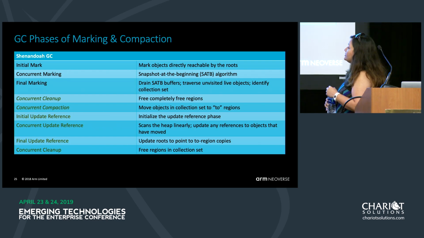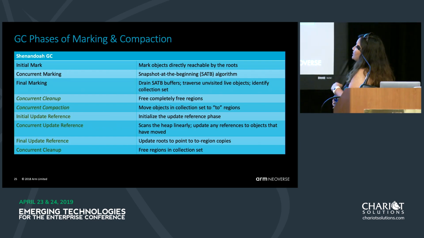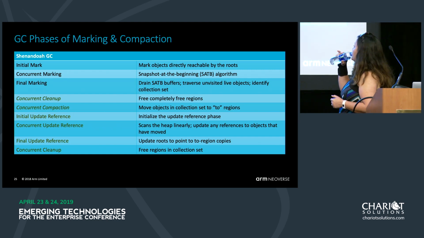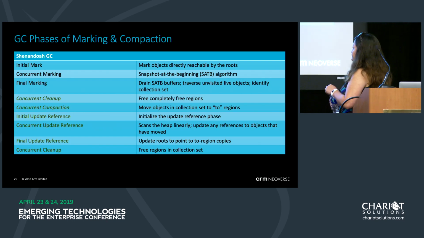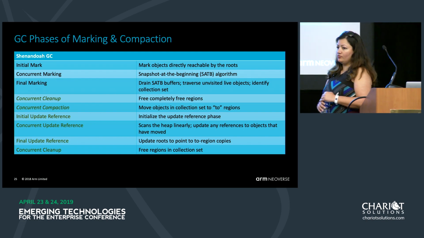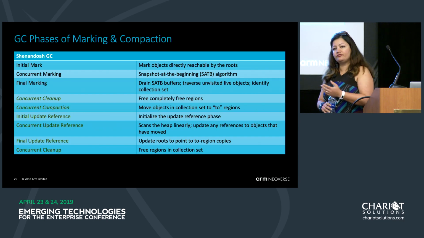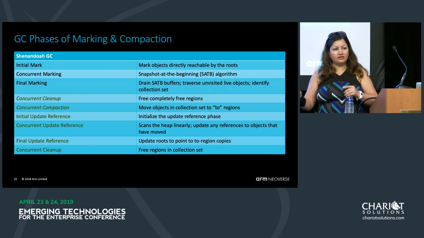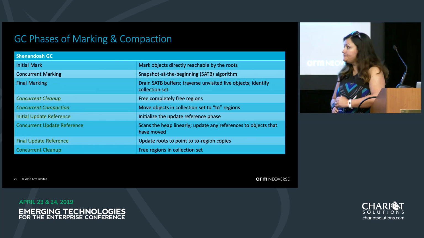So we have the initial mark, concurrent mark, and the final mark, similar to what we saw in G1 GC. There's a very small concurrent cleanup work that's done, and it's only to free the completely free regions. Remember I mentioned that? That doesn't have to wait for compaction.